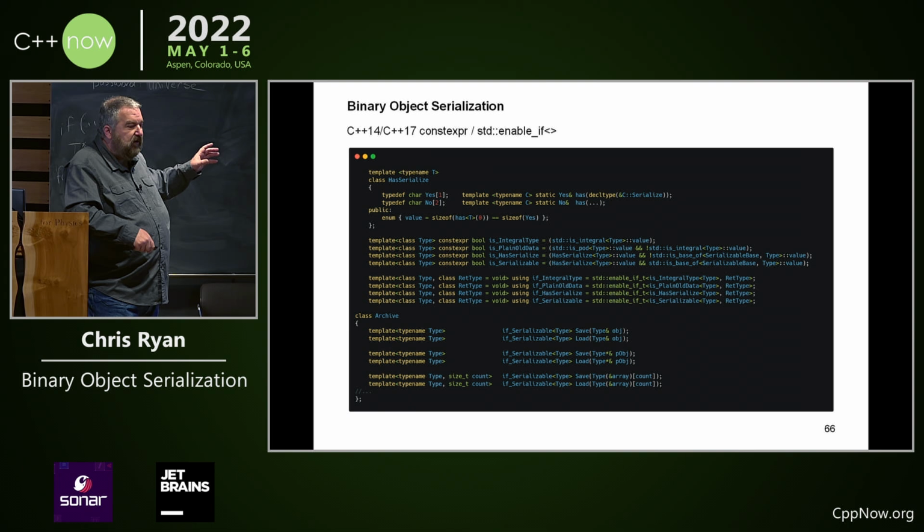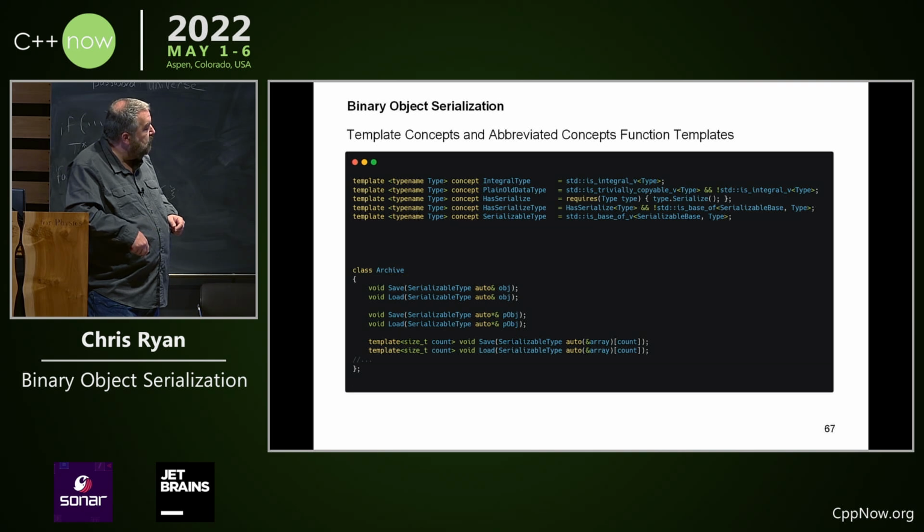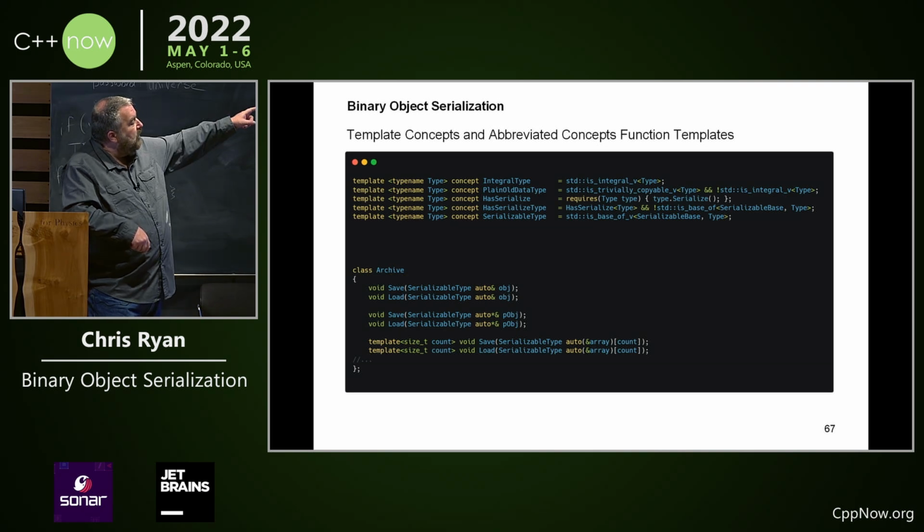Now, everything I had been doing or showing you is basically C++14 and 17. These are all my constexpr rules and my usings for the enable_if. And part of my promise was I would tell you how to make this into C++20. You convert all the other rules to concepts: integral type, plain data, has serializable, and serializable type.